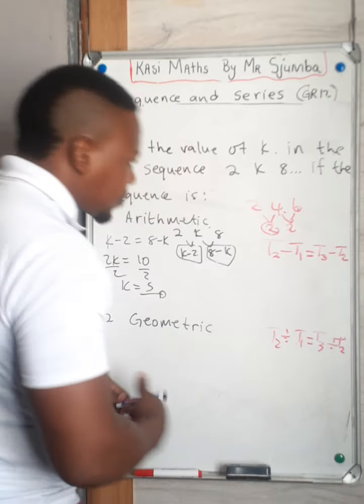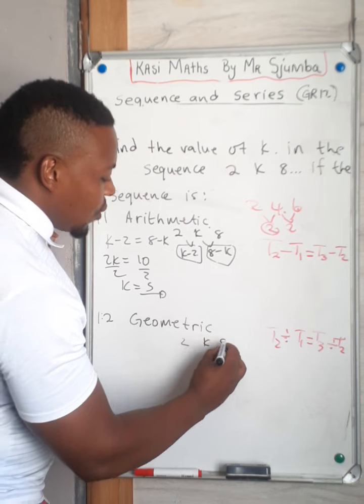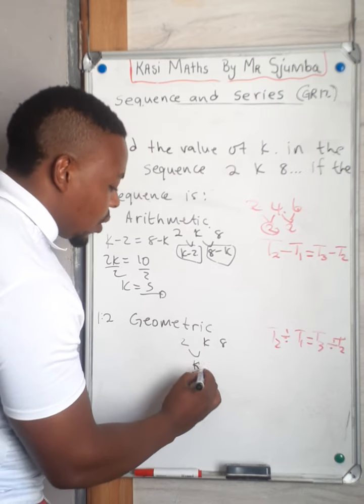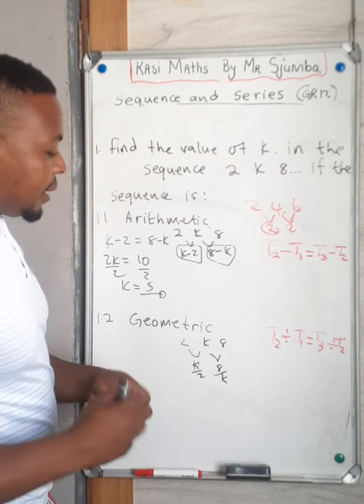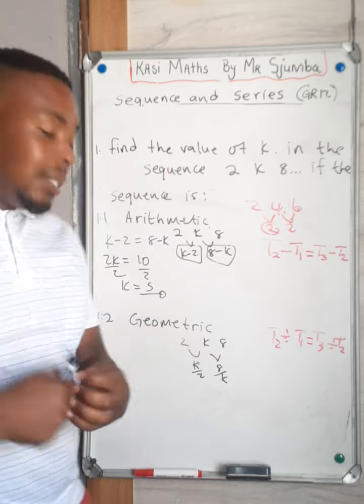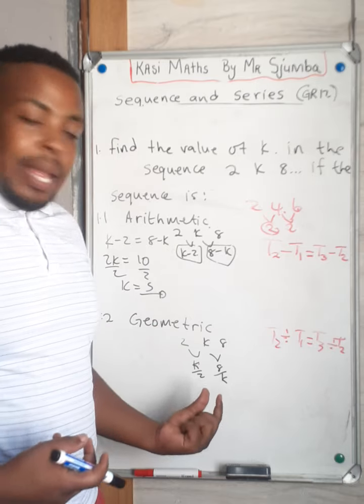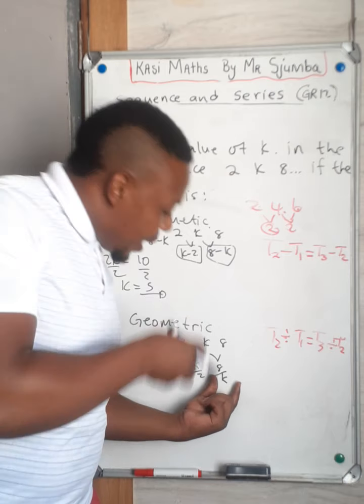So now we have 2, k, and 8. Term 2 divided by term 1 is k over 2, and term 3 divided by term 2 is 8 over k. If the sequence is geometric, this ratio is equal to that ratio.